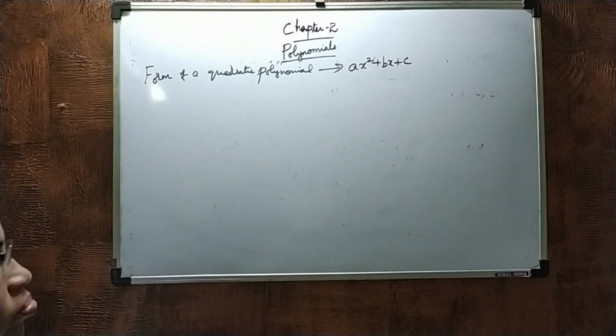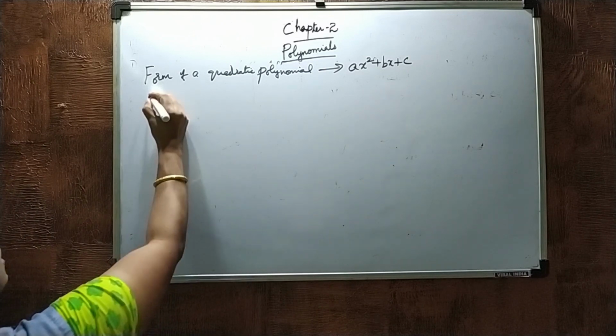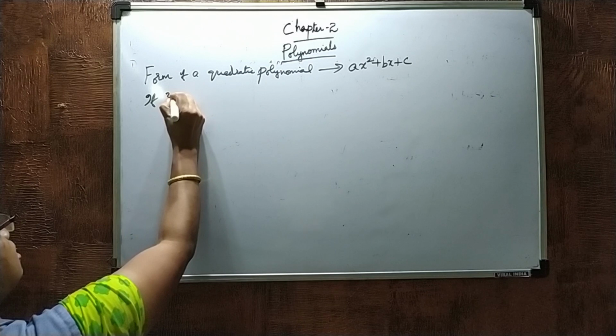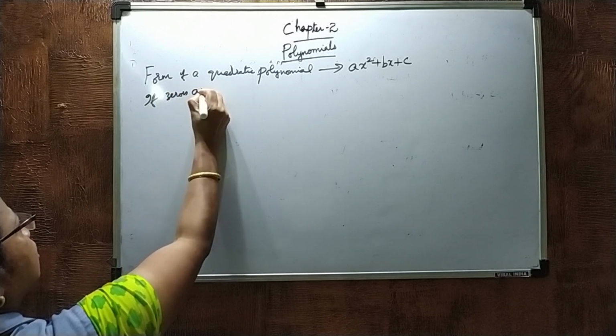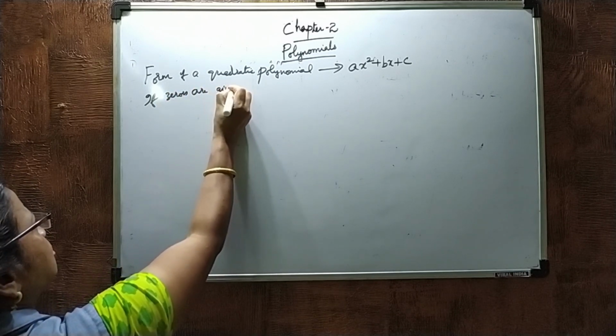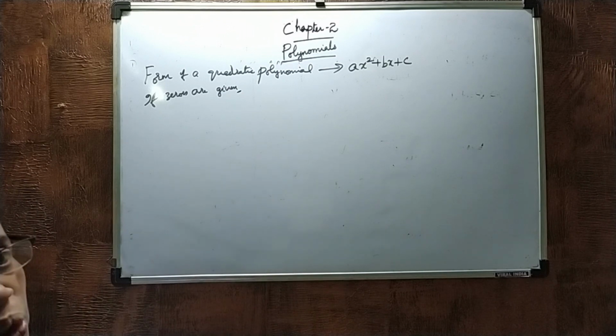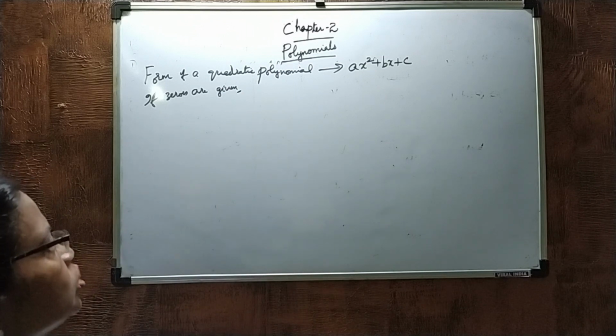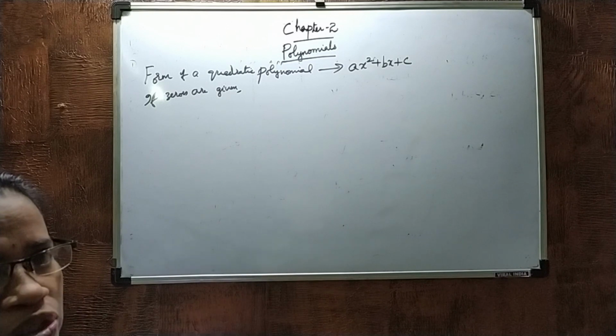This is the general form. Now, if zeros are given, especially the sum of the zeros and the product of the zeros, you know that the zeros will be alpha and beta.